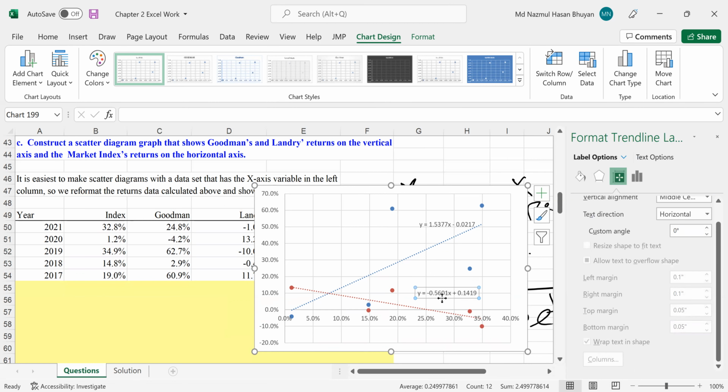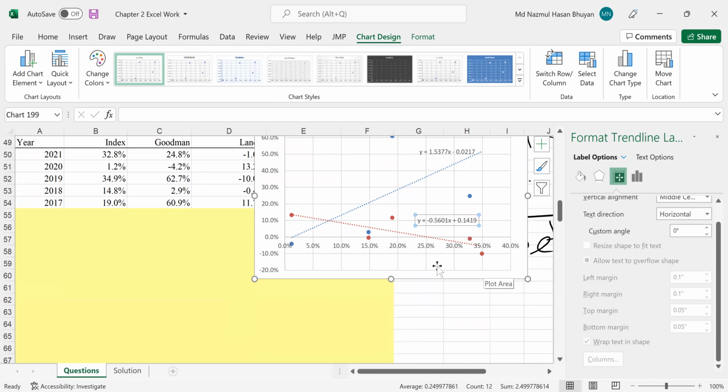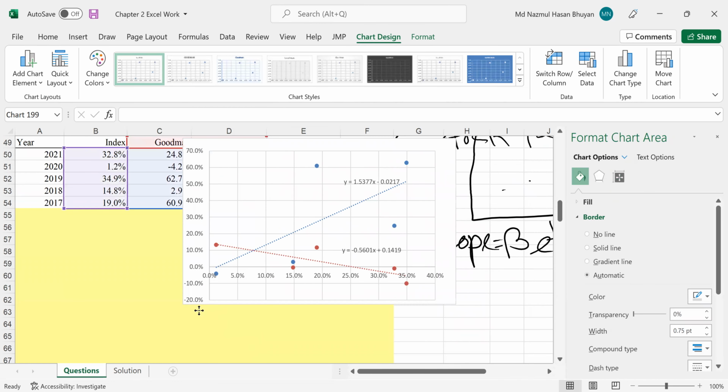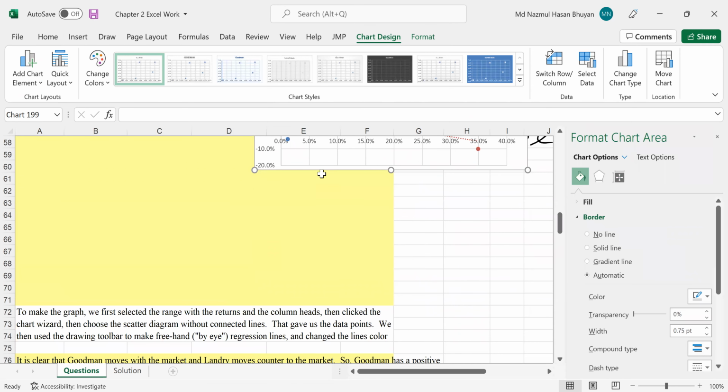So here the slope of this particular equation is negative 0.56. So the beta for Landry should be negative 0.56. Right. So now we have our chart here.